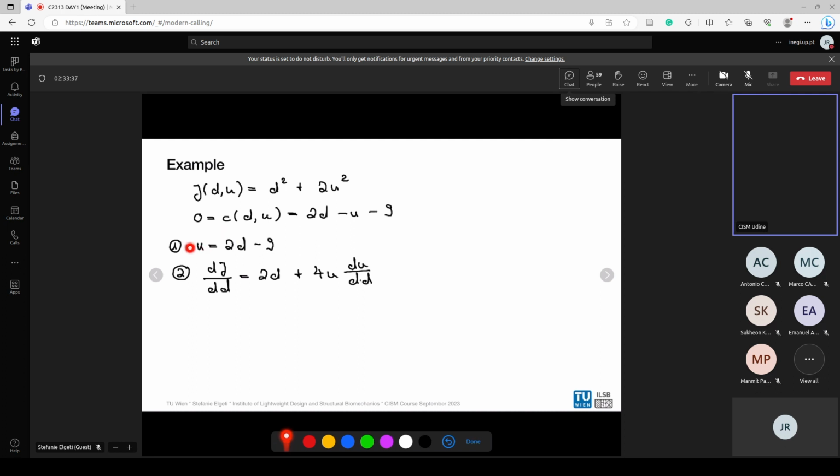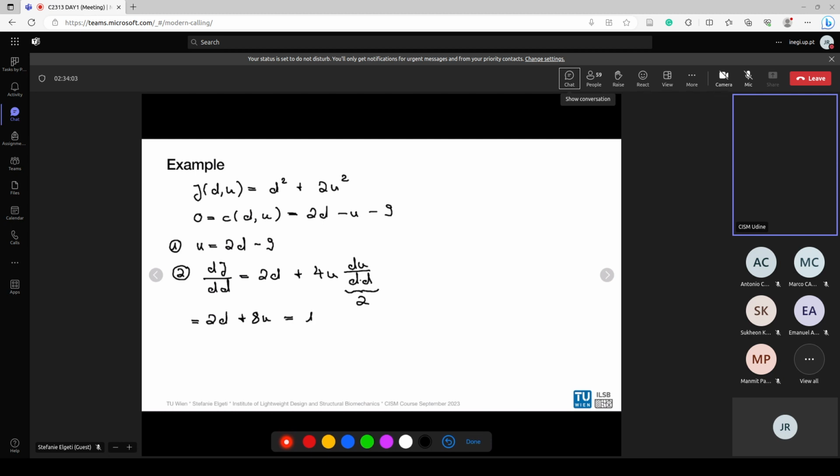We already have this expression for u, so du dd is equal to 2, so we can plug this in. So then 2d plus 8u, and then we plug in our expression for u.